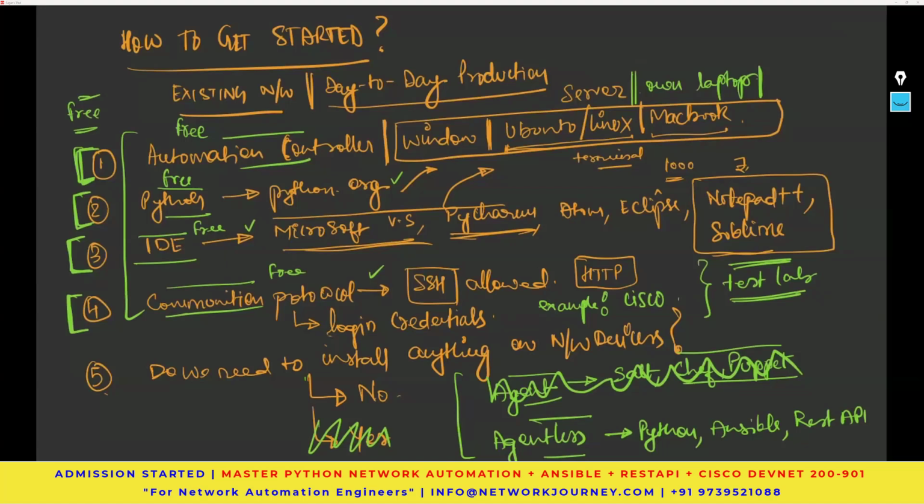That is also the reason why production is cutting down huge money on paid tools like HP NMI or CA Spectrum. There are many tools which do the work of monitoring, taking backups, pushing configuration, and people cut down on paying for those tools, and rather start adopting this kind of automation, because here they don't have to pay anything.